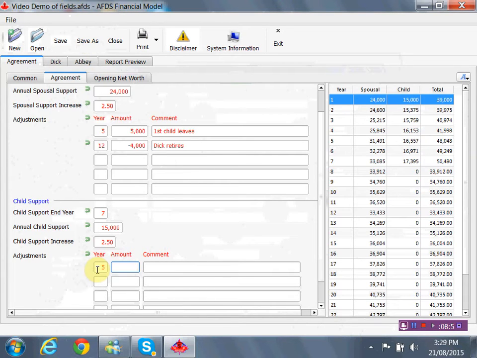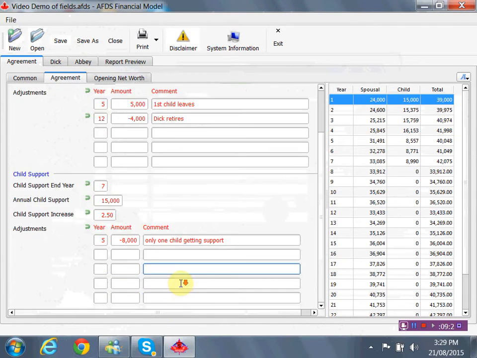Then maybe you're going to see why there is a reduction or an increase, and it needs to have a negative if there's going to be a reduction. And so again, you would just hit save.